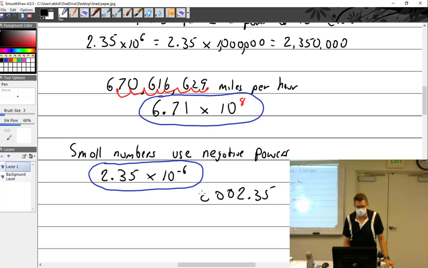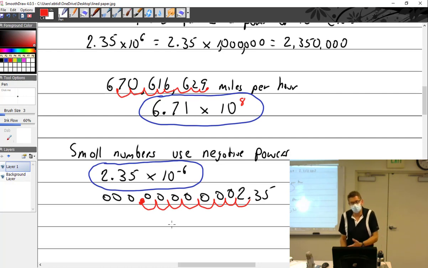So I got to add a whole bunch of zeros this way, because if I added on the other side, it's going to get way bigger. So then I'm just going to count. 1, 2, 3, 4, 5, 6, 7, 8. And that's it right there. Okay, so I've unpacked it.